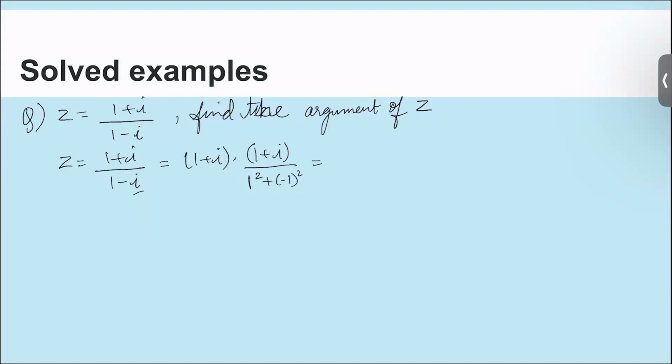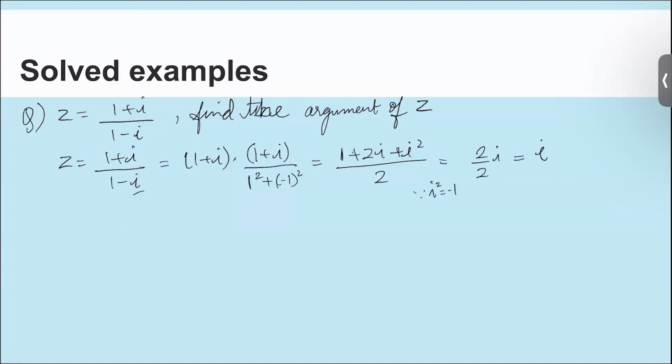So you have 1 plus 2i plus i squared upon 2. Okay, so minus 1 becomes 1, and so 1 plus 1 is 2, since i squared is equal to minus 1, you get 2i by 2.